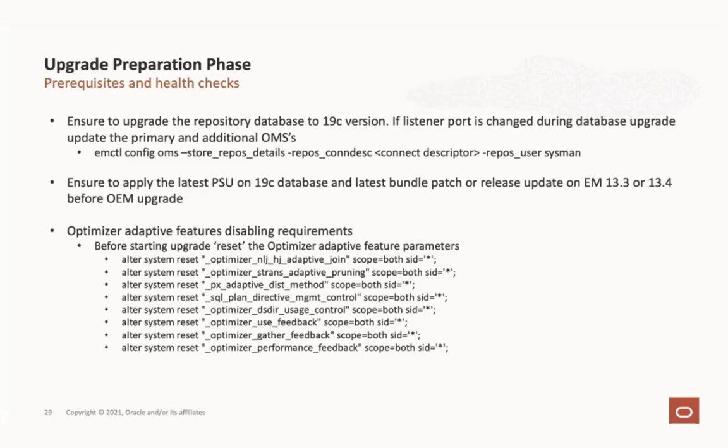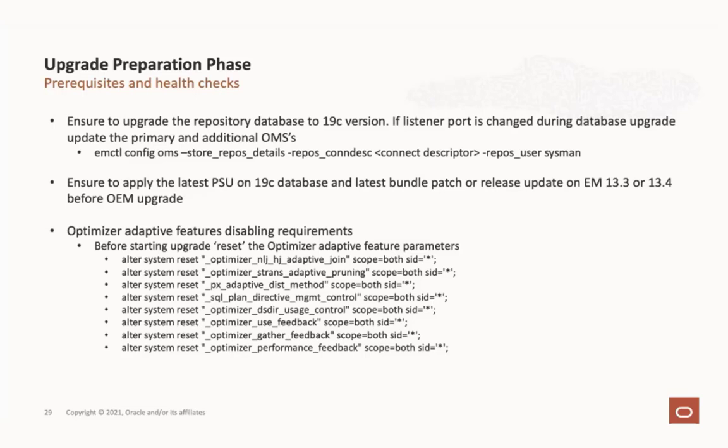They would have left all these parameters in the database. We capture all these parameters as part of our prerequisite checks, but in case you're not sure whether you have executed or not, you can always go and verify in your repository. And if any of these underscore optimizer parameters are set, you can very well unset them before you move on with your upgrade process.